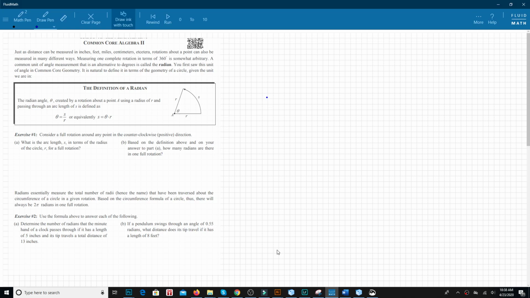It is natural to define it in terms of the geometry of a circle, given the unit we are in. The definition of radian: the radian angle theta created by rotation about a point A, using a radius r and passing through an arc length of s, is defined as theta equaling s over r, or equivalently, s is equal to theta times r.